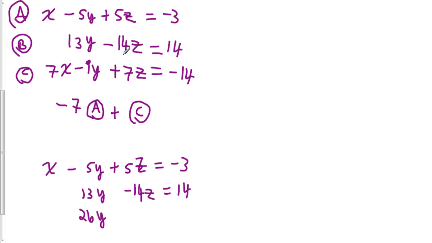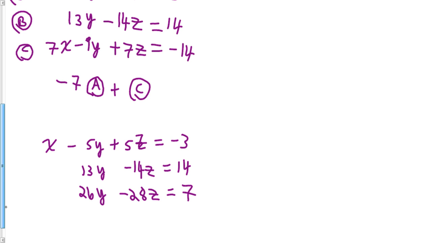When I take negative 35z and add to it 7z, I get negative 28z. And this is equal to, when I multiply negative 7 by negative 3, I get positive 21. And when I add 21 and negative 14, I get positive 7. So that's the result of multiplying equation A by negative 7 and adding to equation C.